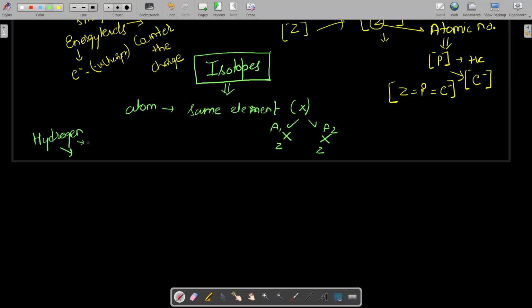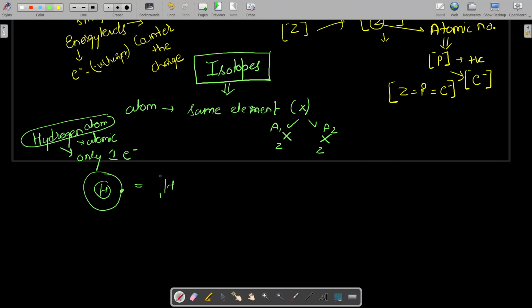That means the hydrogen atom has only one electron in its electron shell or energy level. If I make a clear diagram of hydrogen, this is one electron. So what is the presentation of hydrogen?